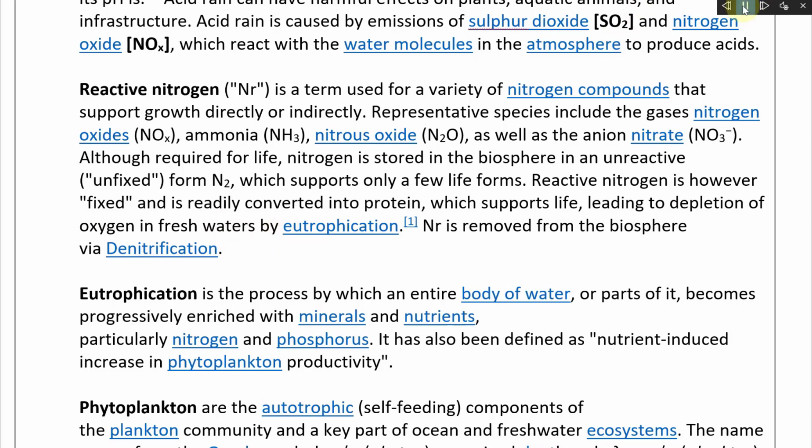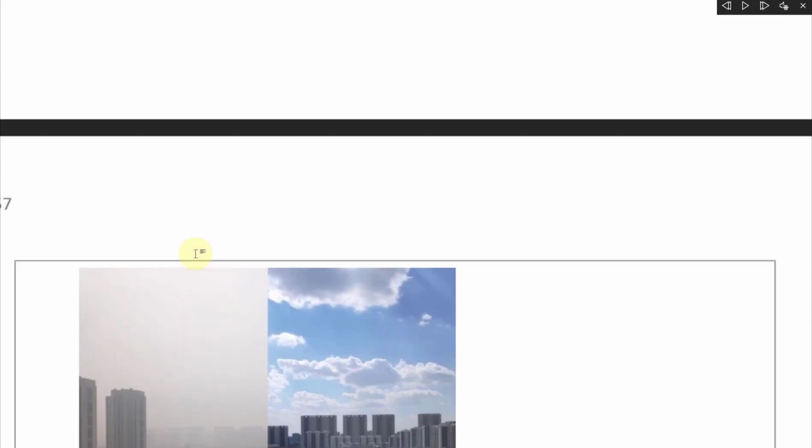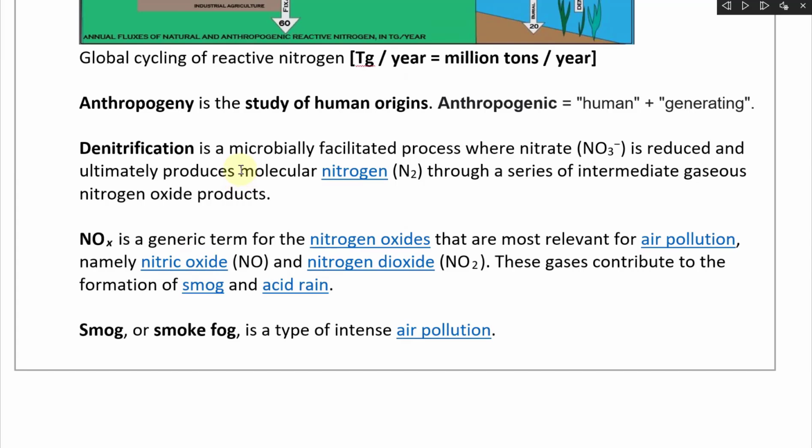Let's pronounce this one. Eutrophication. And reactive nitrogen, NR, is removed from the biosphere via denitrification. Remember denitrification, we went over it.